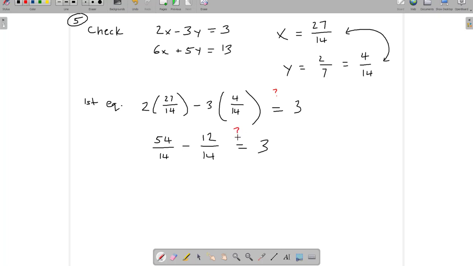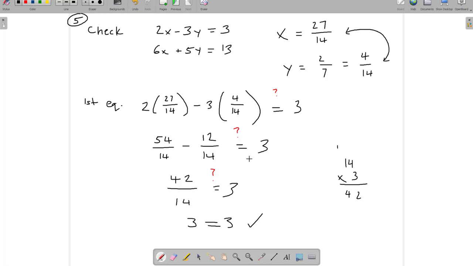Does this equal 3? 54 minus 12, that's going to give me 42 over 14. Again, does it equal 3? Well, I believe it does. 14 times 3, doing a quick check, does equal 42. So this equals 3, and the solution works in the first equation.